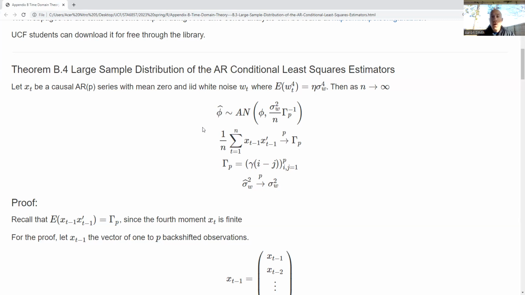All right, there's a lot here. If you're not familiar with time series, think of this as: what is the distribution of the coefficients in regression? This is similar to the idea of: here are my estimated coefficients in regression, here are the true coefficients, and here is the variance on the estimator.